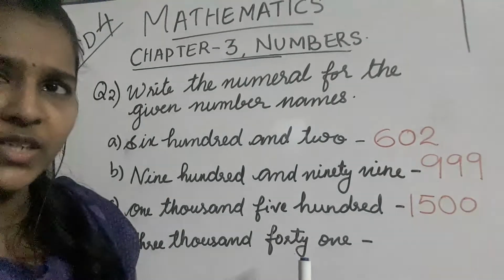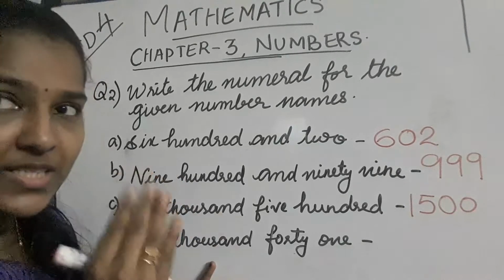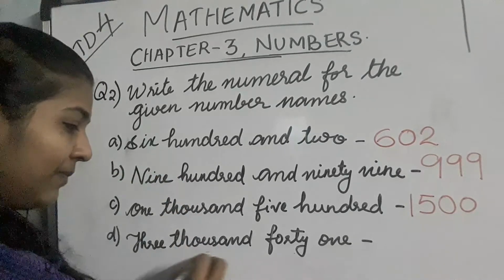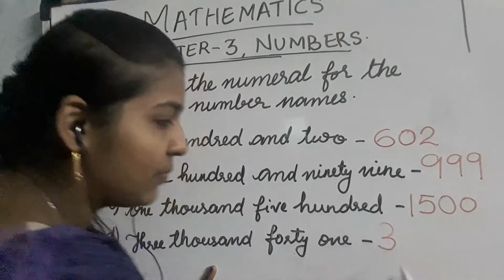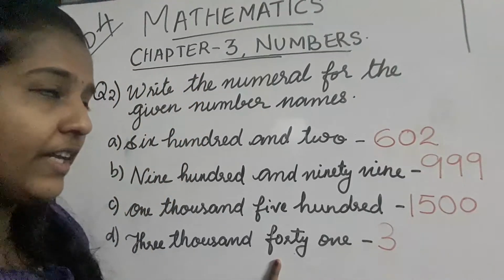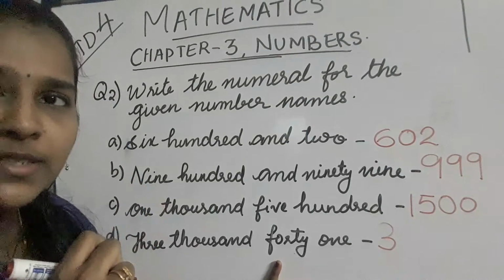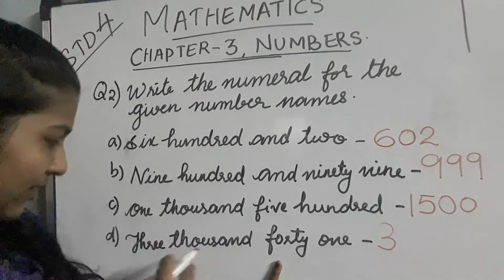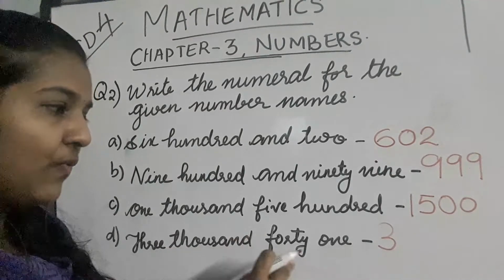Now next is 3041. How to write? 3041. It's a 4-digit number, isn't it? It is starting from 1000, 3000. So 3 is in first position and 41. One place is missing here, right? Which place? Hundreds place. Look, 3000. Then the hundreds place is not given. 41.